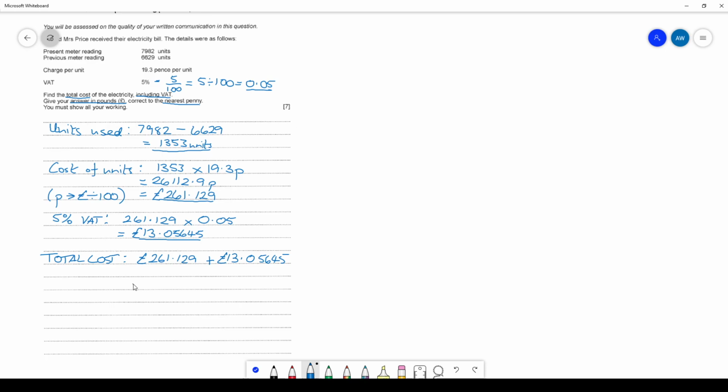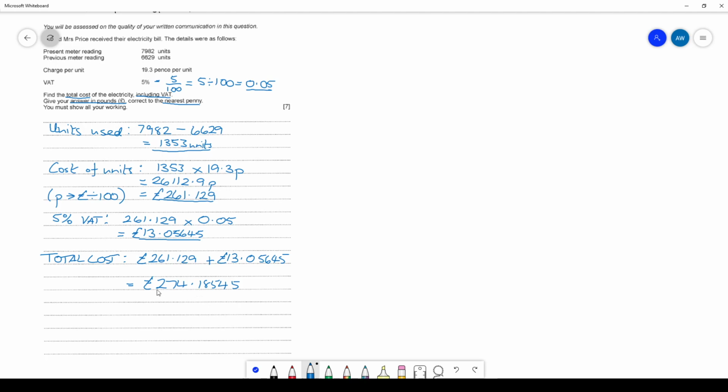I'm going to put down the calculator, and I get £274.18545. Now this is where I'm going to round, because I have to give my answer to the nearest penny, remember, up here. So always keep checking the question to make sure you've answered the question. So how do I round this to the nearest penny?